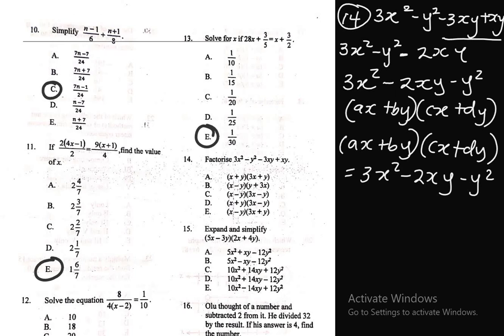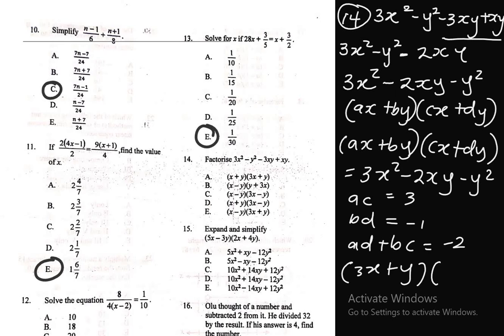Let's get the value of AC, BD, AD plus BC. AC is 3, BD is minus 1, AD plus BC is minus 2. Now, after analyzing, we find out that it is bracket 3x plus y close bracket bracket x minus y close bracket.